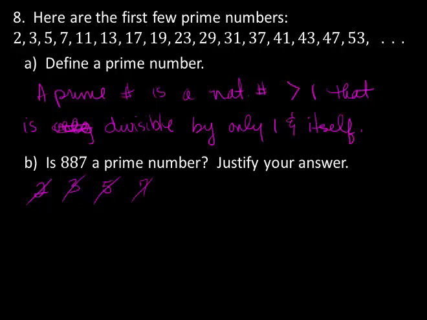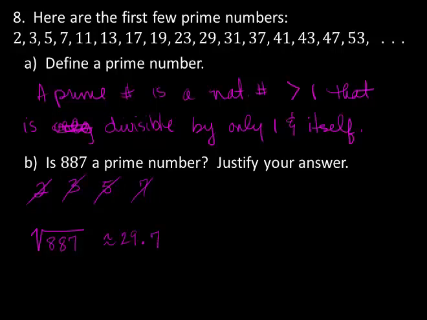And how far do we need to keep going? Remember, we want to justify our answer. So I'm going to take the square root just to see ahead so I don't keep going further than I have to. The square root of 887 is about 29.7.